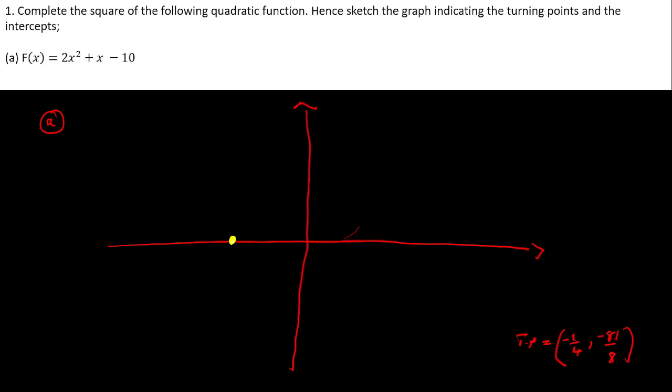The other one was a 2, which was somewhere there. So a 2, which was there. These were your x-intercepts. Then you had the y-intercept, which is negative 10. It was negative 10. All right, thank you.